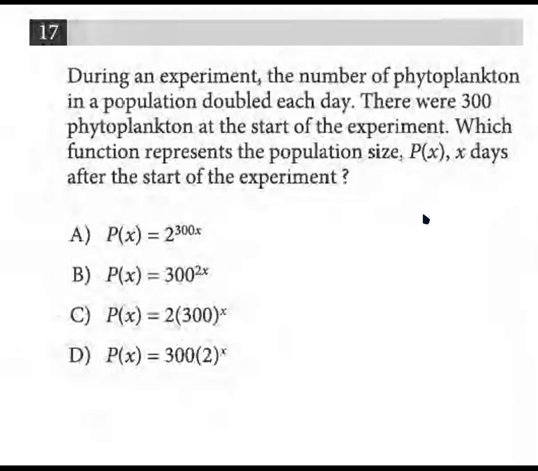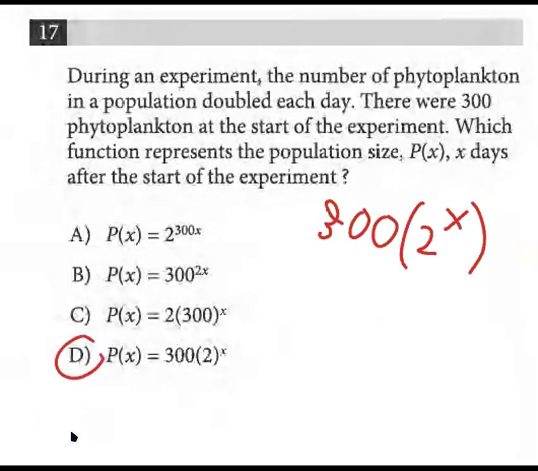So in this case, we just have 2 to the power of x, where x is the number of days. So on the first day it doubles, on the second day it's 4 times, on the third day it's 8 times. So that means it doubles every day. And then we just need to multiply that by the initial, which is 300. So we have 300 times 2 to the power of x, or the answer is D.